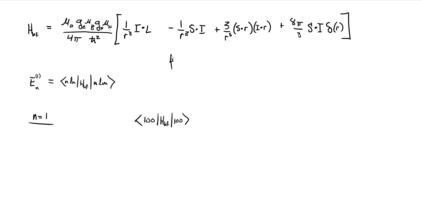If we're focusing on that n=1 state, we can quickly see that, with I dot L operating on the 1, 0, 0 state, well, L squared, the angular momentum operator on the 1, 0, 0 state, has the eigenvalue equation h bar squared L(L+1) times 1, 0, 0. So L, the magnitude of that operator, is 0 for this n=1 state.